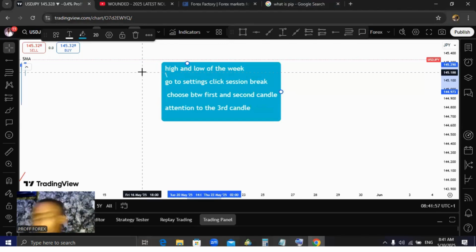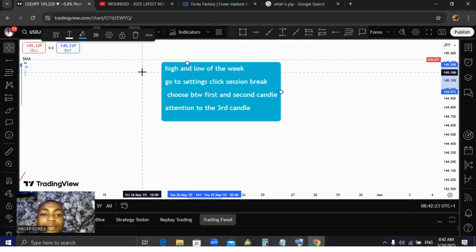So you should not do any other thing. The first thing you have to do is when you wake up on Monday morning, you have to determine the high and low of the week.